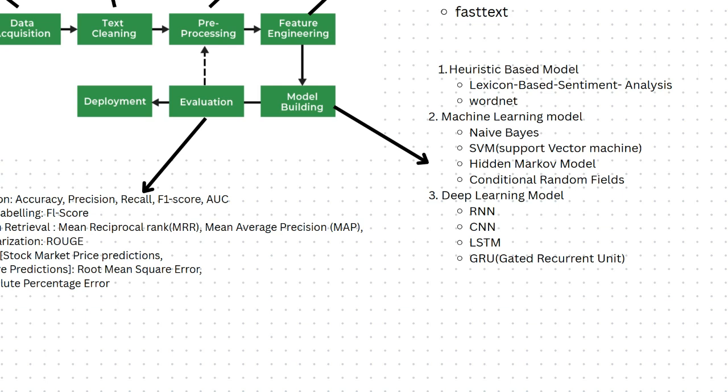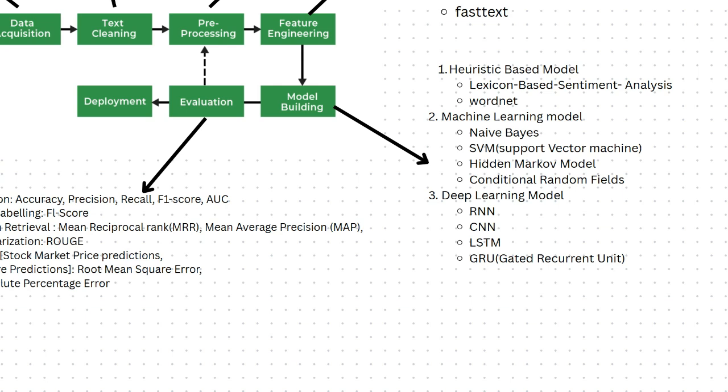Examples include naive Bayes, SVM, support vector machine, hidden Markov model, conditional random fields, and there are more examples as well. Then we have deep learning models like recurrent neural network, convolutional neural network, CNN, long short term memory, LSTM, or GRU, gated recurrent unit. These are some of the methods or models which we can use to create an NLP, natural language processing, model.